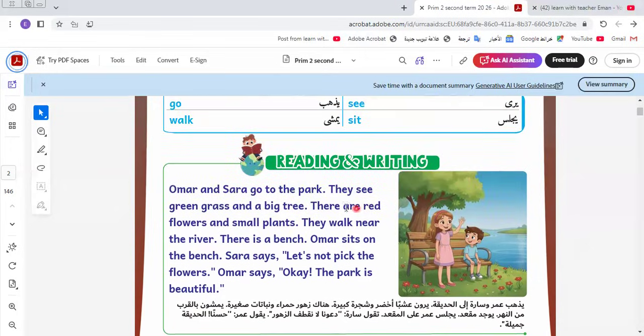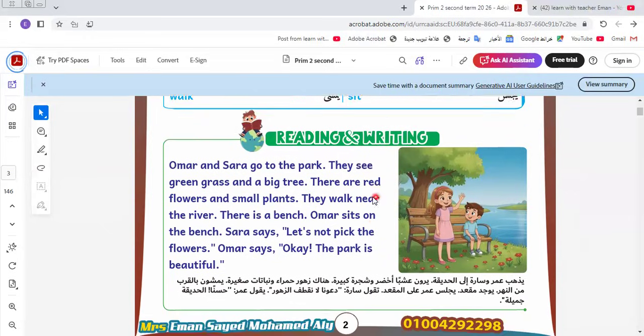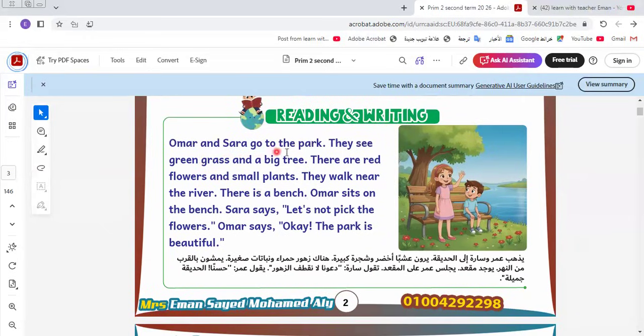Okay, let's read this text together and answer the question below. Reading and writing. Omar and Sarah go to the park. They see green grass and a big tree. There are red flowers and small plants. So here they describe the flowers by saying red flowers and small plants.